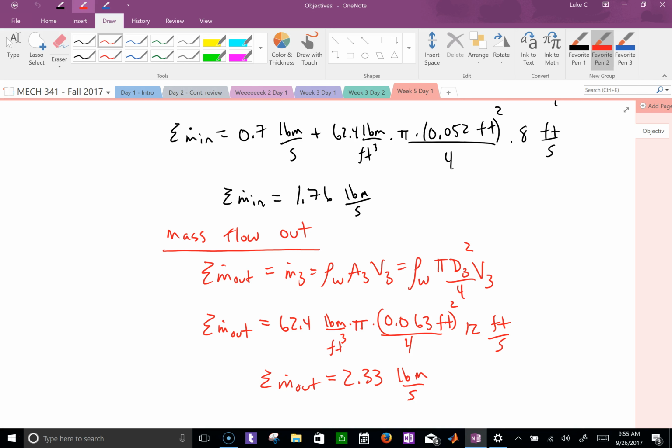So we end up getting 1.76 for mass flow rate in and 2.33 pound mass per second going out. So is it steady state? No. So we know that what's actually happening is it's flowing out faster, so it's actually decreasing, okay?